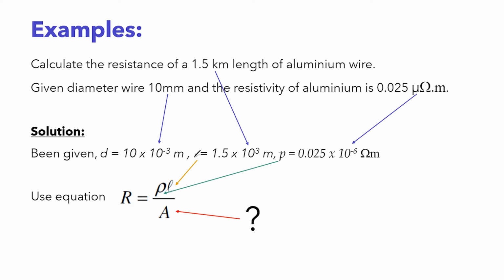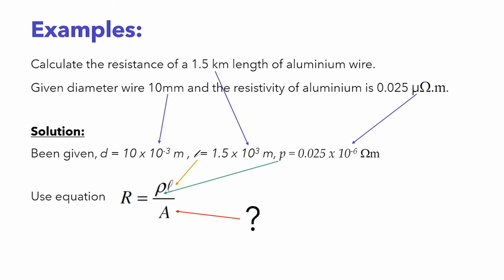Okay, the solution is we have been given D, the diameter, equal to 10 times 10 to the power of minus 3. Why power of minus 3? Because it is millimeter. We must convert it to meter. The length is 1.5 kilometer. So we must convert it to meter.